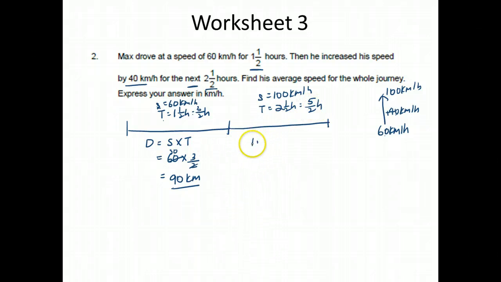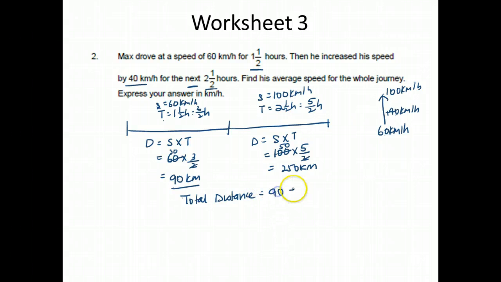We want to find the distance. Distance is speed times time. Speed is 100 times 5 out of 2. 50 times 5 is 250 kilometer. So my total distance is 90 plus 250, which is 340 kilometer.